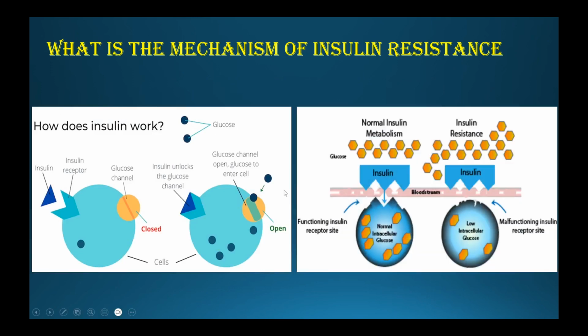This is again a picture to show how insulin resistance happens. In normal insulin metabolism, you will have the insulin attached to the receptor, allowing normal glucose entry. Whereas with abnormal insulin structure, there is insulin resistance, and you find very few molecules entering into the cell. And these are all applications of how it's produced.